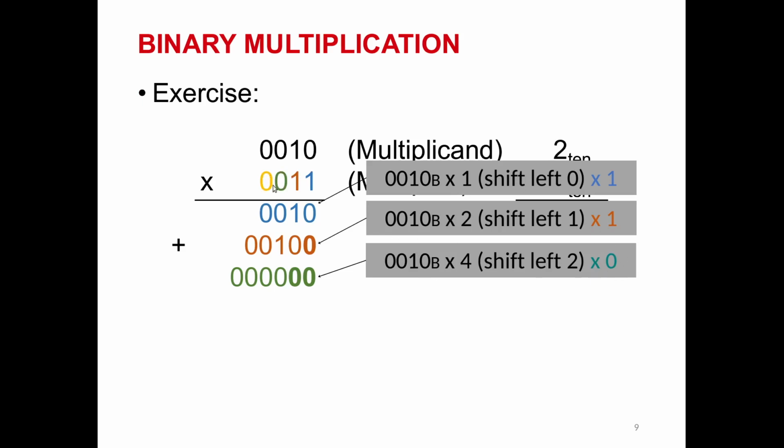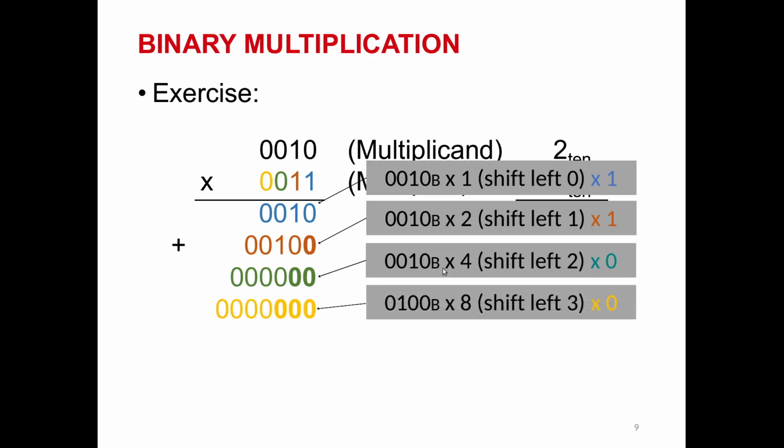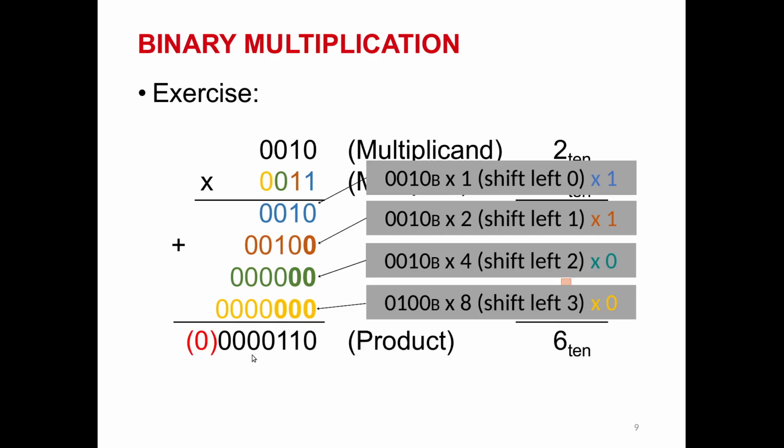Similarly, for this value 0, we will have the multiplicand multiply with 8 or this multiplicand shift left for 3 bits before multiply with the value 0, this value 0 located here, and we add them all together. We have the same result of 6 in decimal here.